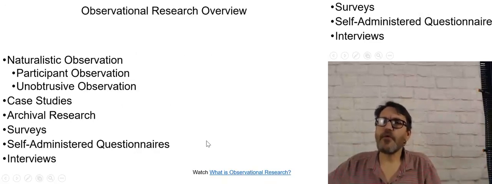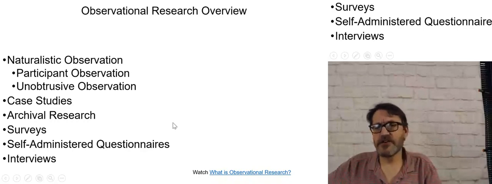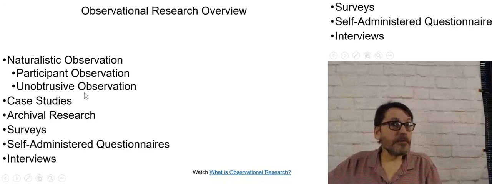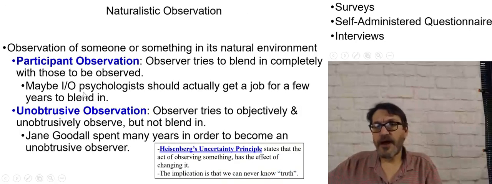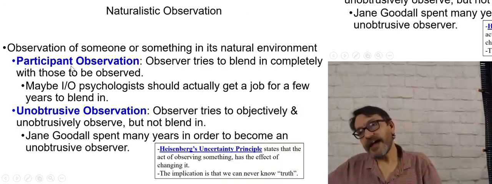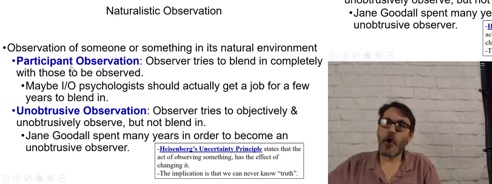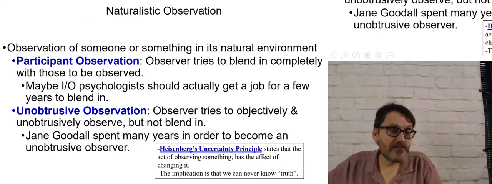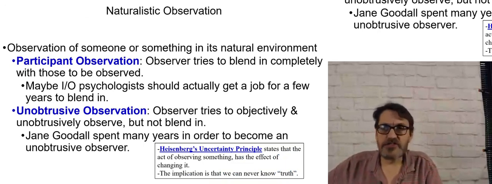So, as we said, within the world of descriptive research, one of the branches is observational research, and it can come in lots of different forms, right? Naturalistic observation is to go out and look at behavior in its natural settings. Just look.